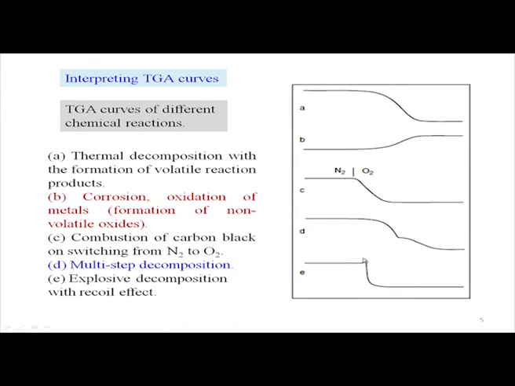And lastly, the kink is due to the explosive nature of the degradation process, an explosive decomposition with some recoil effect that gives rise to a shape known as the kink shape. Then it goes on to the corresponding degradation process.